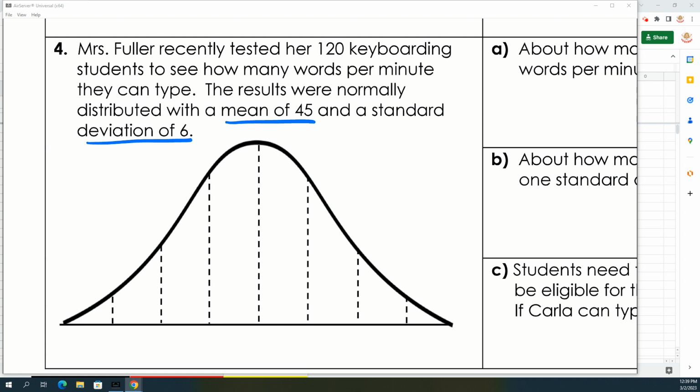Very good. And then as we go to the right, we're going to add 6 each time because that's the standard deviation. And as we go to the left, we're going to subtract 6 each time.